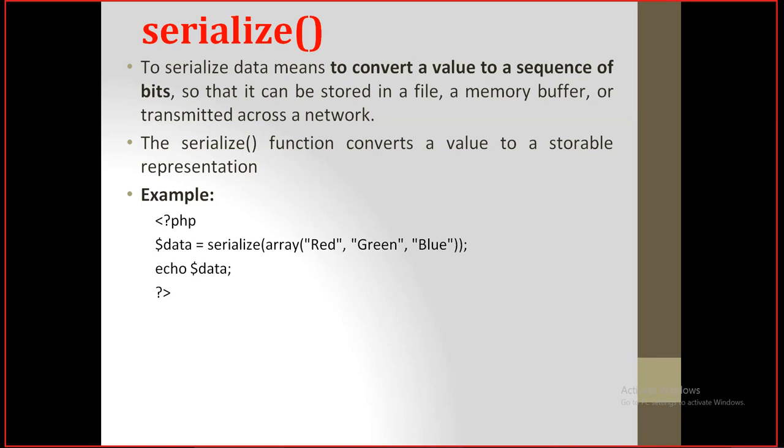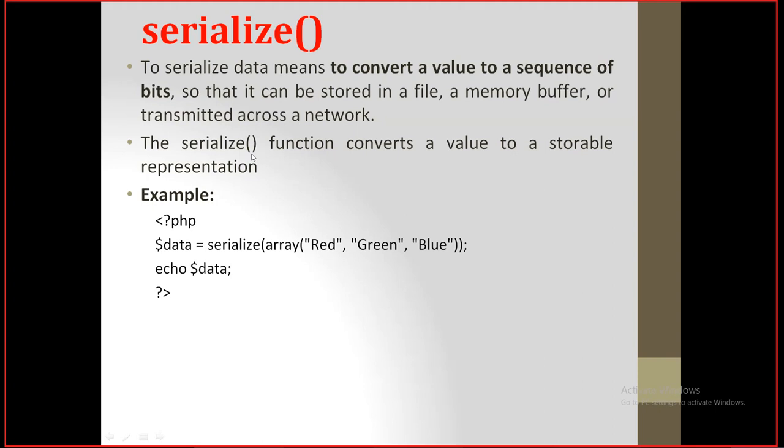It can be used for temporary storage like in a memory buffer, or when we have to transmit that converted data across the network. So for all these reasons, we will use the serialize function.